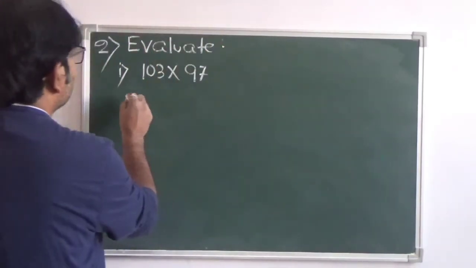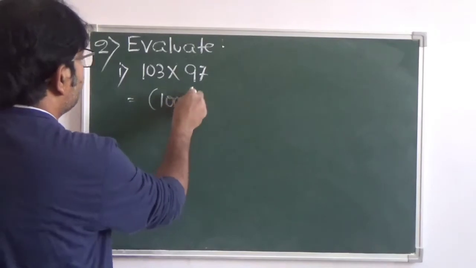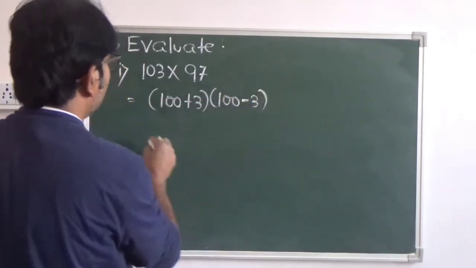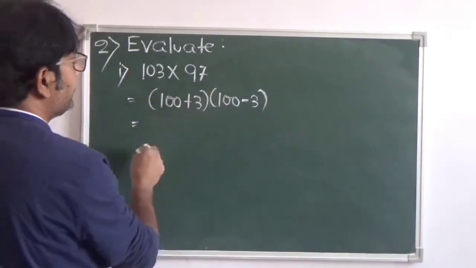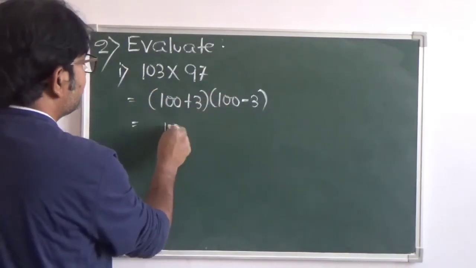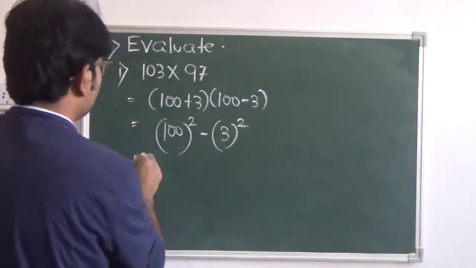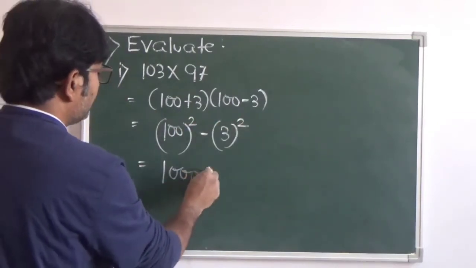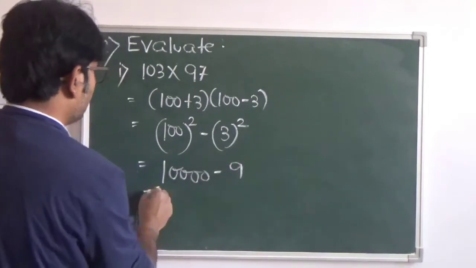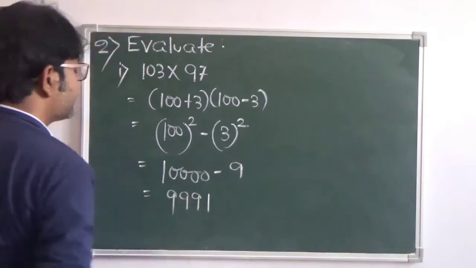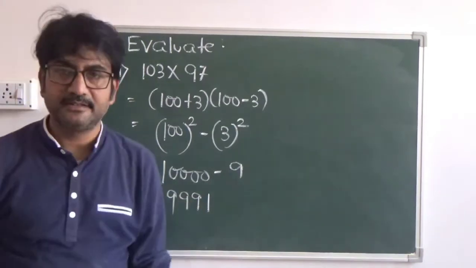So you can write it as (100 + 3)(100 - 3), that is a plus b into a minus b. So it is a square minus b square. So it is 9991. The answer is okay.